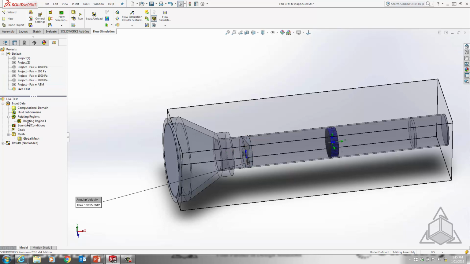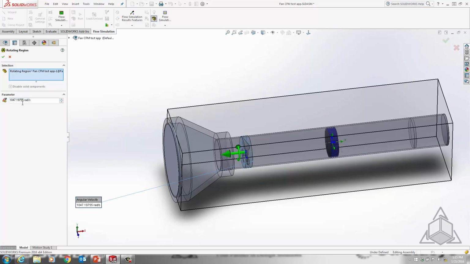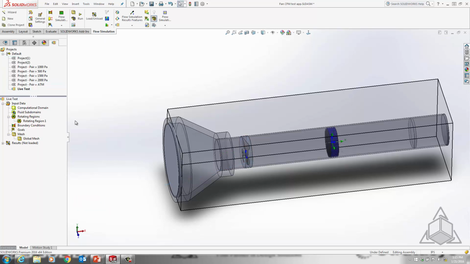So if I go back in here, you can see that it will automatically change that 10,000 RPM to radians per second for me. It's a preset value, so it definitely makes your life easier, where SolidWorks makes all that conversion for you. It's a built-in scientific calculator right within SolidWorks itself.